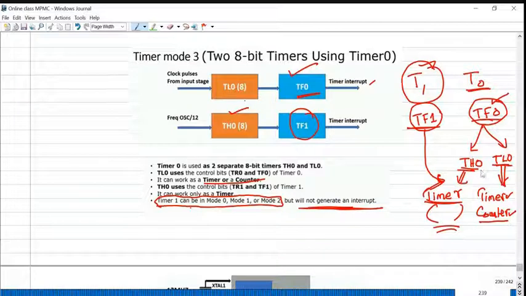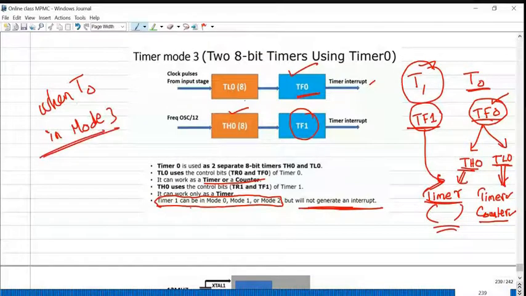Please remember this. In mode 0, mode 1, mode 2, no issue; both T0 and T1 work independently. But if you are using T0 in mode 3 with this particular concept, then T1 cannot generate any interrupt, and T1 cannot be used in mode 3.